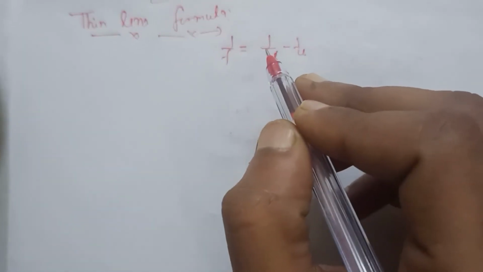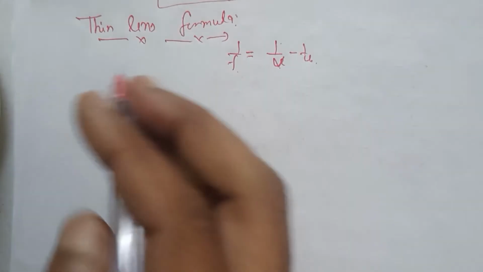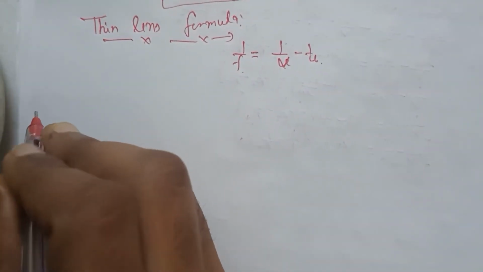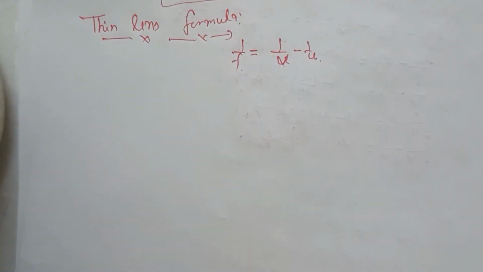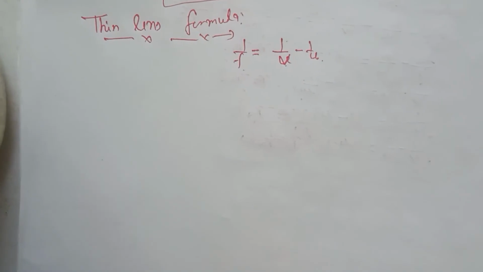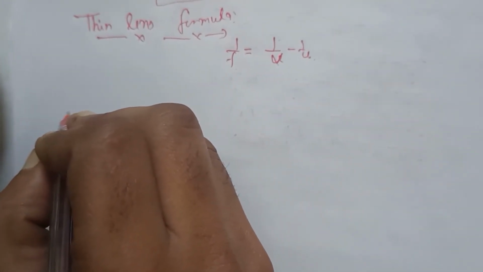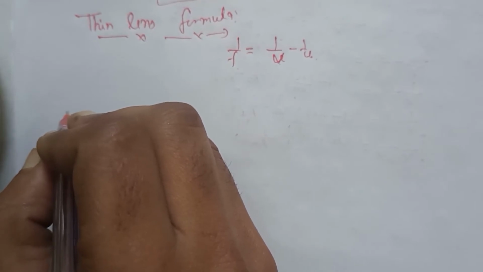Now the purpose is we calculate the thin lens formula for three cases. First, when a convex lens forms a real image. Second, when a convex lens forms a virtual image. And third, when a concave lens forms a virtual image.